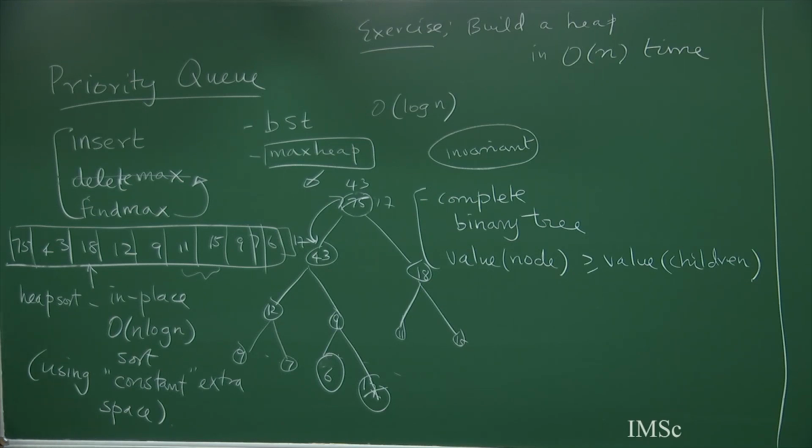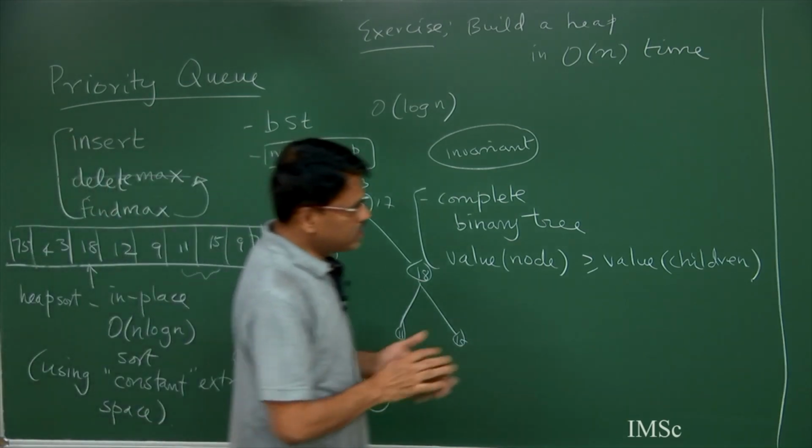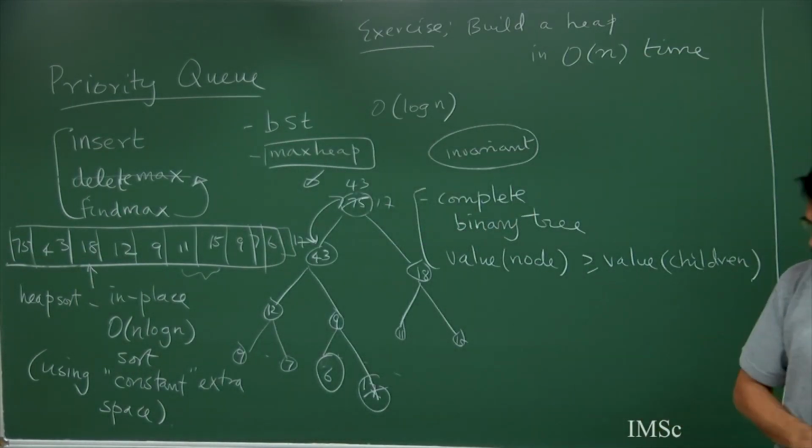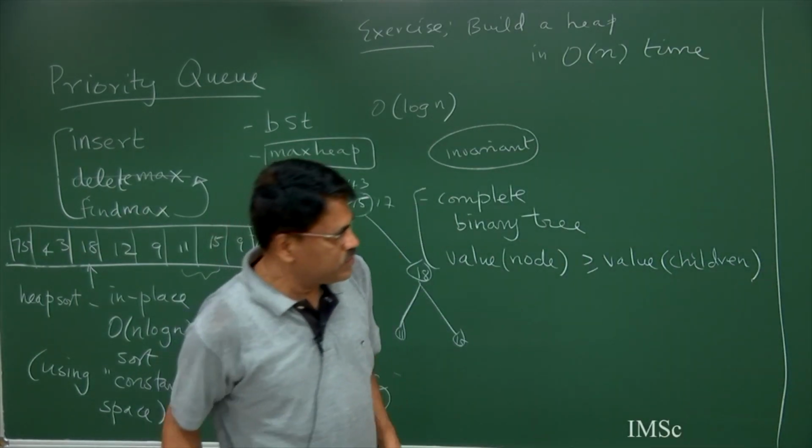But this is a very nice, elegant in-place n log n sorting algorithm. Given an array, build a heap, do n delete maxes, and since the heap can be represented in an array and all these operations can be performed without more than a constant extra space, you can sort. Okay, good. So, this is a quick revision of heaps and their uses.